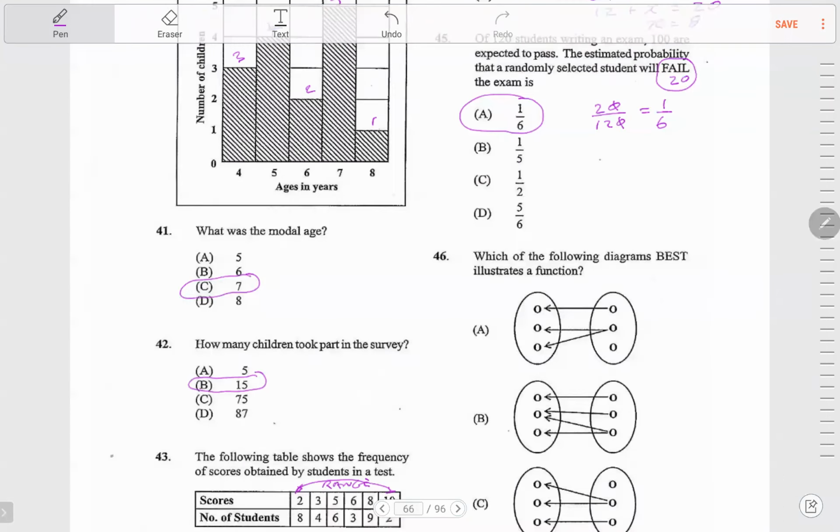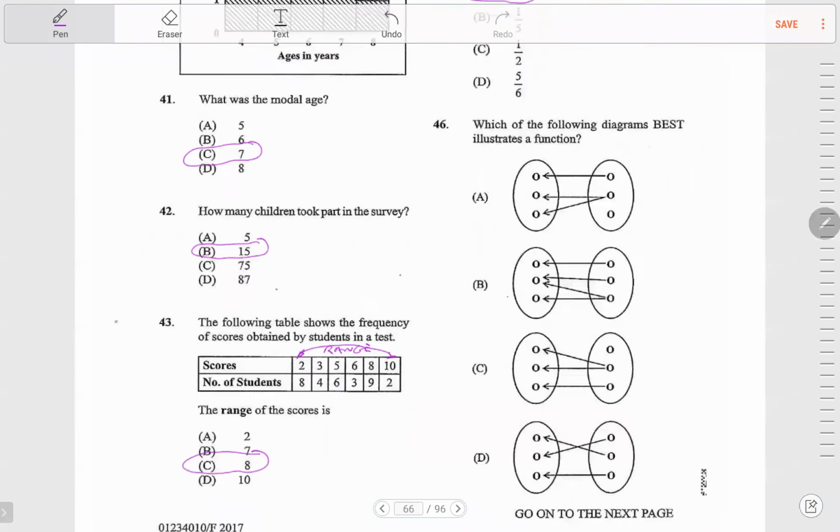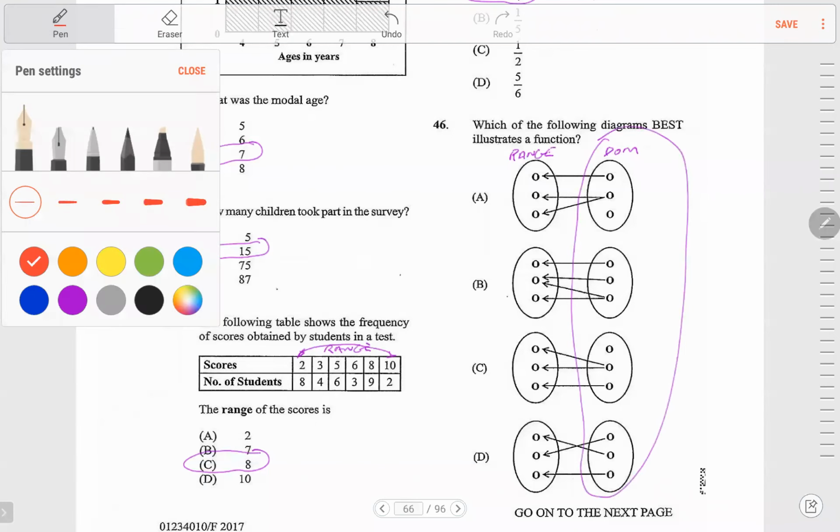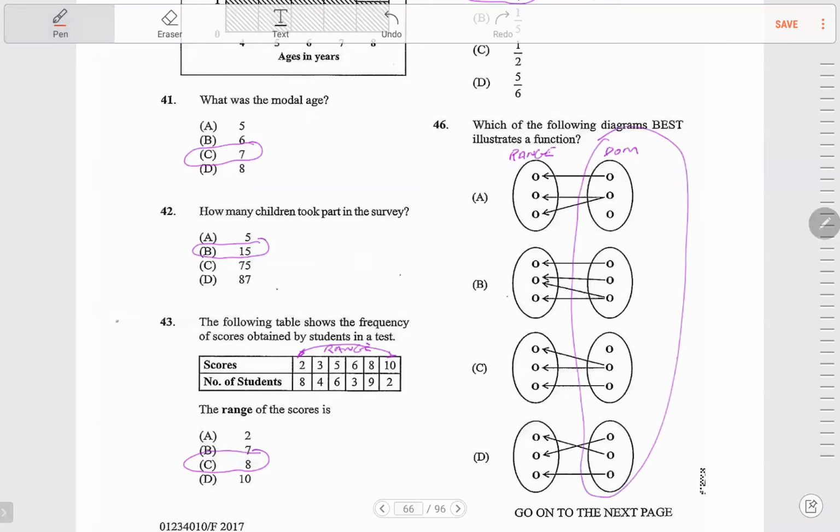Next one. The question now is the same question, but this time the mapping is this way. So therefore, this now becomes the domain. See, same question I did before. This is now the domain, and this over here is the range or the codomain. So remember, to determine which one is a function, your focus is on the domain. Because the mapping is from left to right this time, that is the domain. So what in the domain causes it not to be a function? Only one of them is a function.